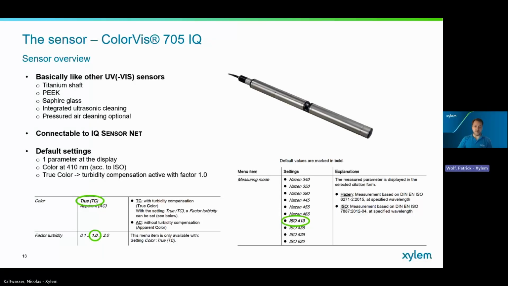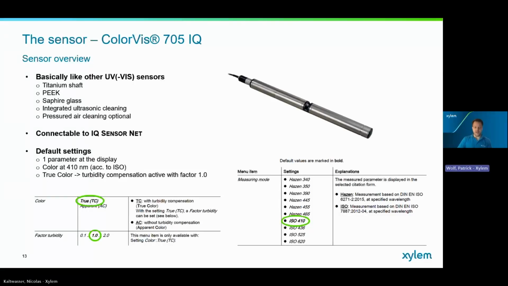And this parameter, which is shown, covers the wavelength 410 nanometers. This is the wavelength which we use according to the ISO method. And this parameter is also compensated with turbidity. So the turbidity compensation is active. That means for that wavelength, we are measuring the true color.